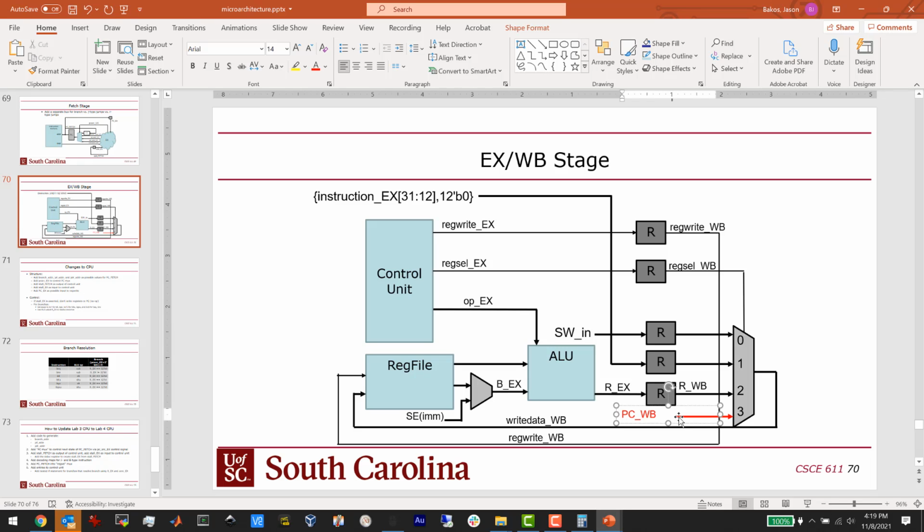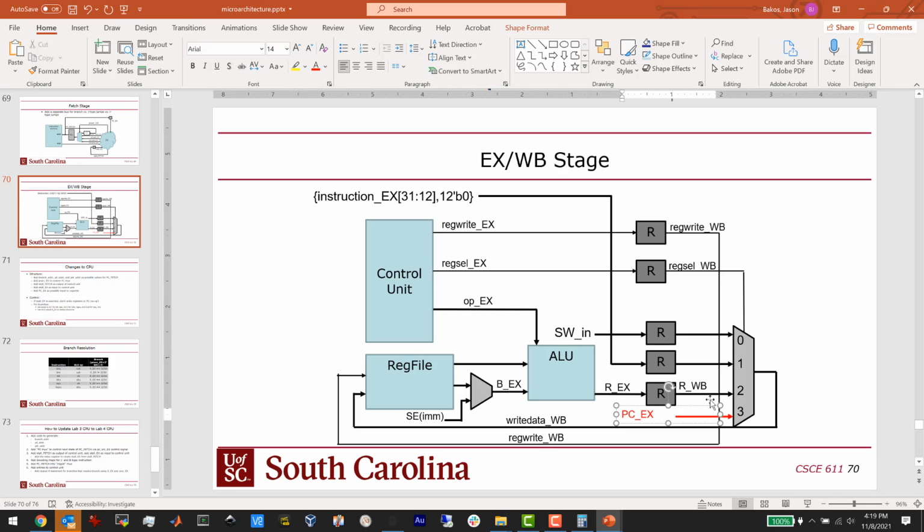What you really want is you don't want PC write back and you don't want PC fetch, which is what I had there before. You actually want PCEX because PCEX refers to the instruction that's behind the jump and link, right? So what that means is when the jump and link is being executed, you actually want PC fetch.